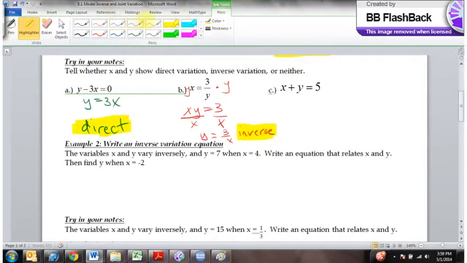The last one, let's get y by itself. Subtract x from both sides, so we'll have negative x plus 5. That's got a plus or minus outside here, so that's going to be neither.